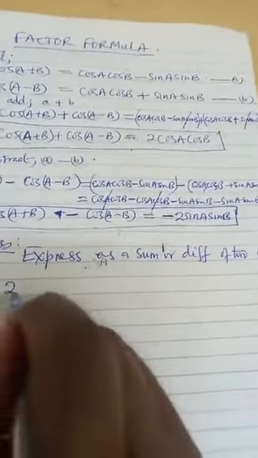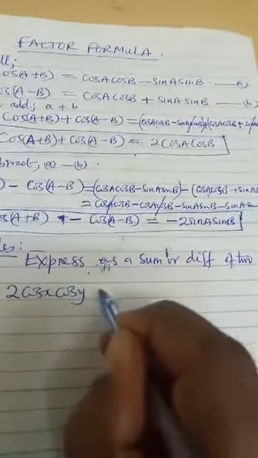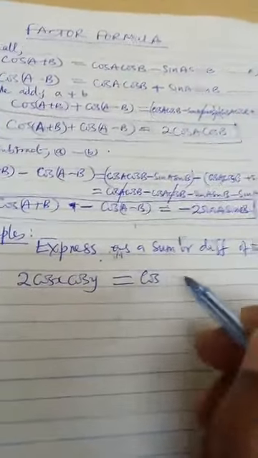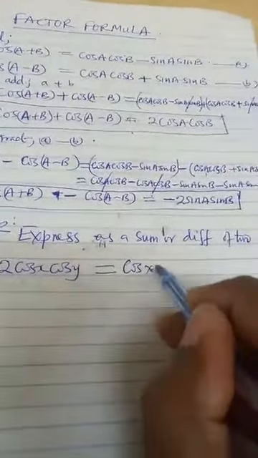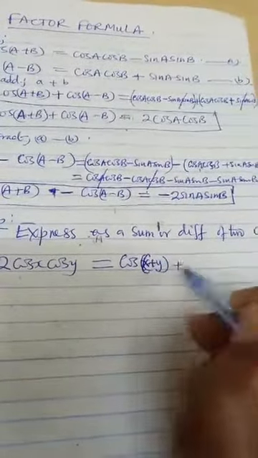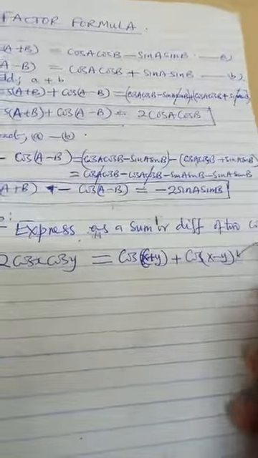And they give you like 2 cos x cos y. It implies that this is a sum of cos of x plus y, since it is cos plus cos of x minus y. This is what they want.